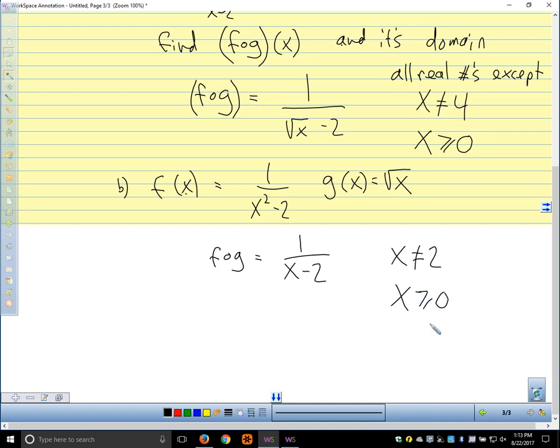So we have to pay attention to the final composition and the inside function, the function that we're plugging into the other function. Because when we do a composition, we're always putting our number into that first function first, and then putting it into the other function. So this doesn't come up a lot, but when it does come up, it's important.